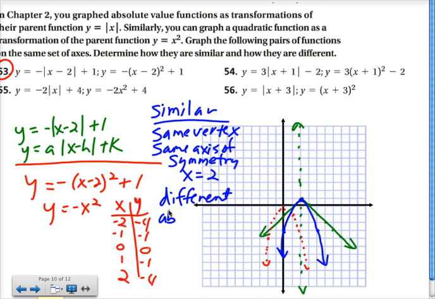So absolute value is a V shape. The quadratic is a parabola, kind of a U shape when we deal with parabolas. So again, we can see those similarities and differences when we graph those on the same axes. And that should take care of the second day of 4-1.